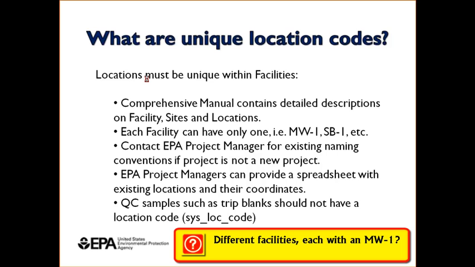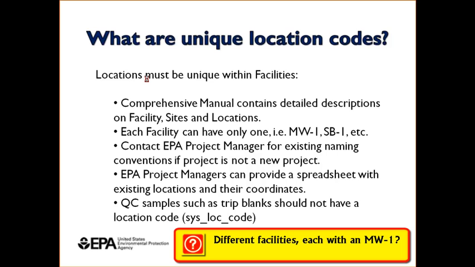The question is, if you have a facility that has MW1 and you want to collect data from a nearby facility that also has an MW1, how would you handle that? Well, you would probably want your primary on your facility to be called MW1.